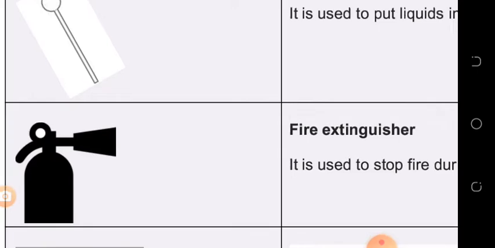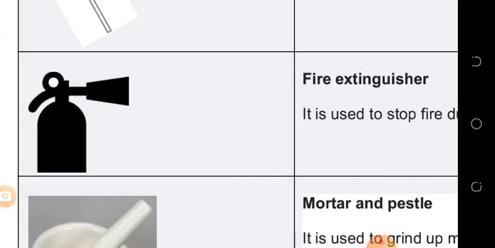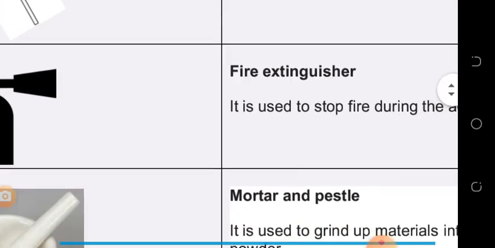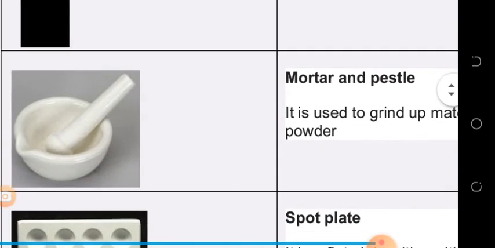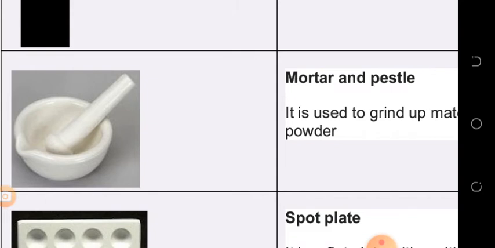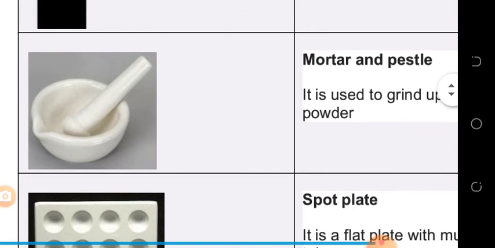Fixed fire extinguisher, very important while conducting an experiment if an accident produces fire. So this fire extinguisher will help us to stop fire during the accident. Mortar and pestle is another apparatus which is used to grind up some specimen.